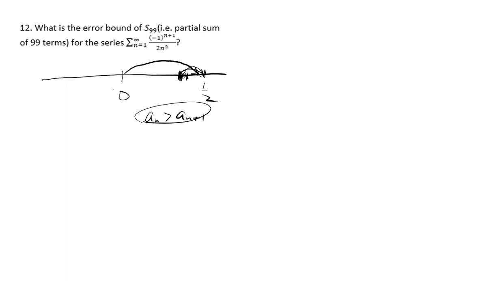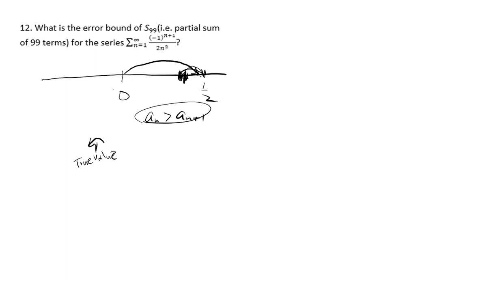Now, what that means is that eventually you're going to end up somewhere here. I don't know exactly where, but there is this actual target point, the true limit value, somewhere here.